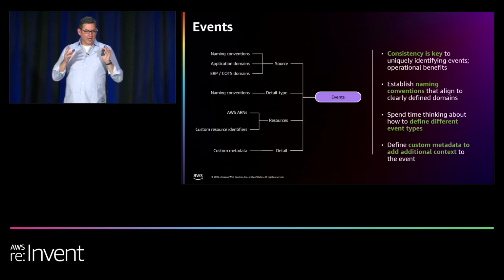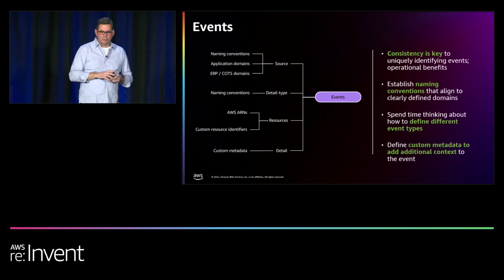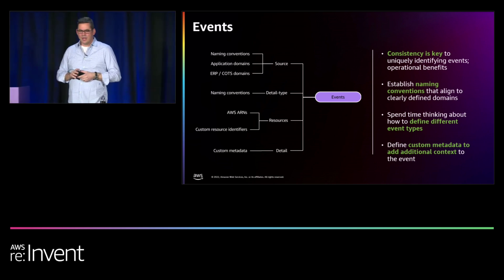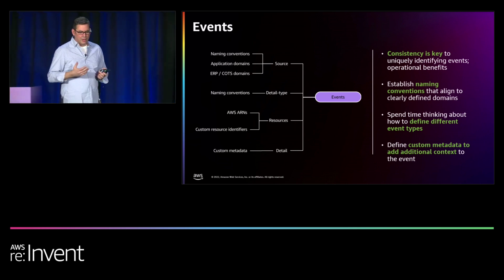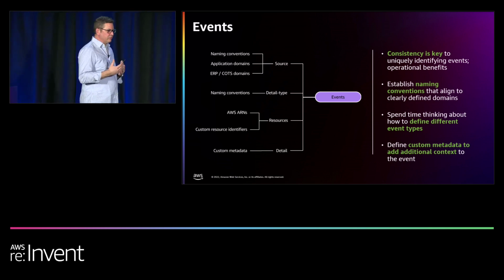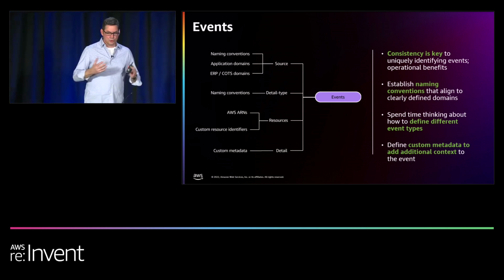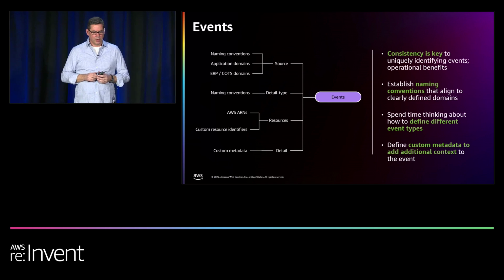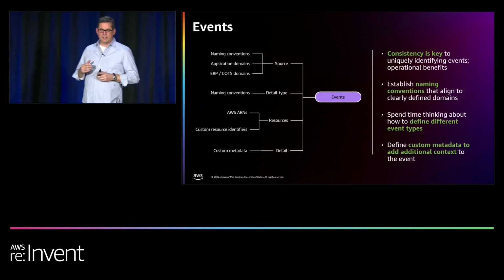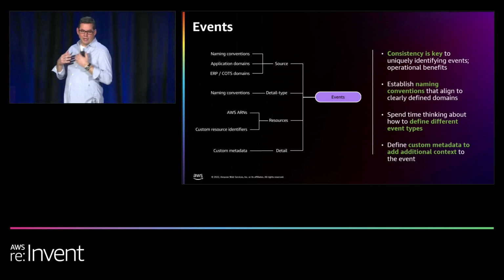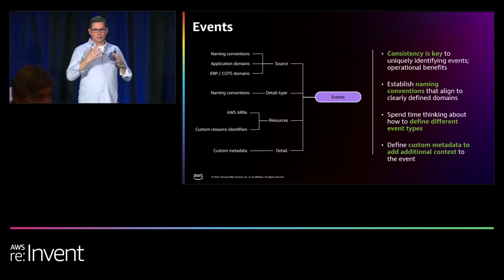Now, as I said, events are at the heart of integration, and putting some structure around your events is really fundamental to the way that you manage your integrations. The key to doing this, I think, is to consider putting together a conventional approach to naming.